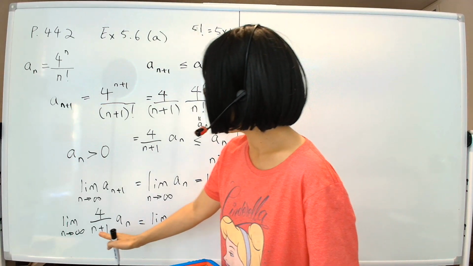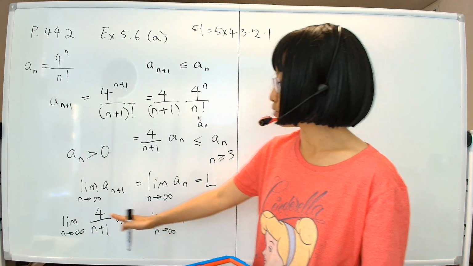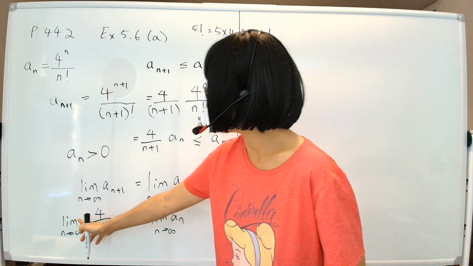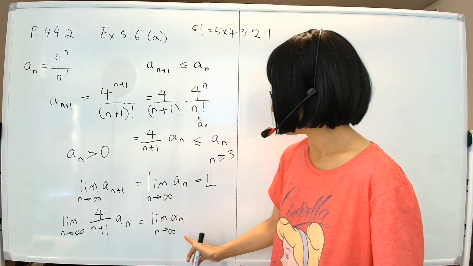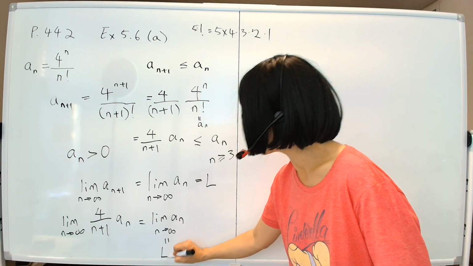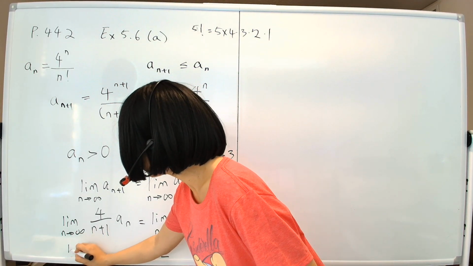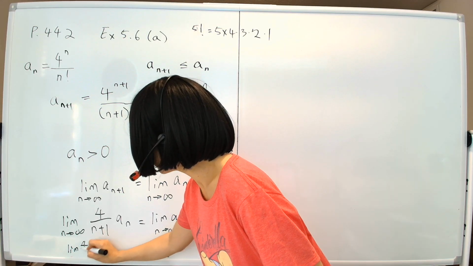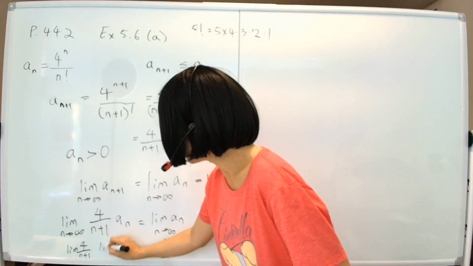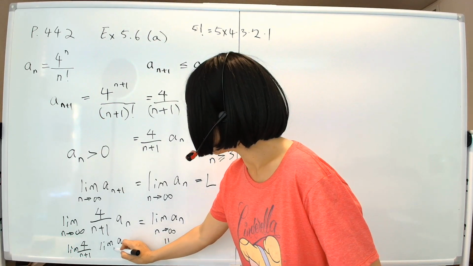Now at this point, you notice that the normal limit rule applies to everything. So this is the limit of each term. Let's call the limit of this L. And then that equals the limit of 4 over n plus 1 as n approaches infinity times the limit of an as n approaches infinity. And that also equals L.